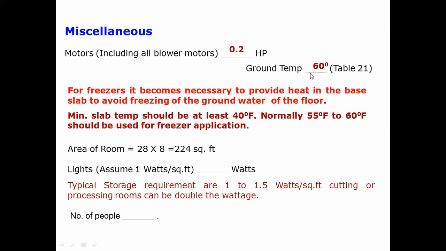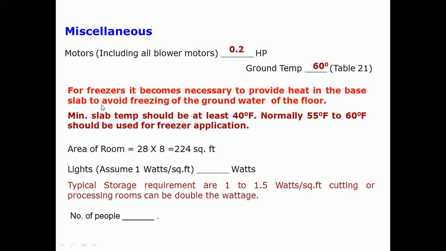And the ground temperature is 60 degrees. So there is an equipment inside the cold storage, that is a 0.2 HP motor, okay? Now the ground temperature I am bringing to 60 degrees, okay?